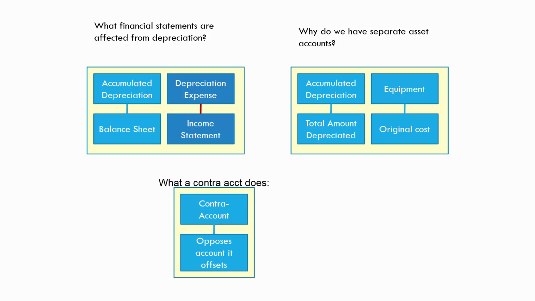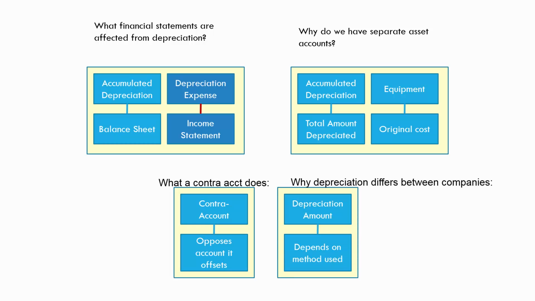These contra accounts oppose the account that it offsets. So when we show it on our financial statement, we would show equipment and then we would say less accumulated depreciation.